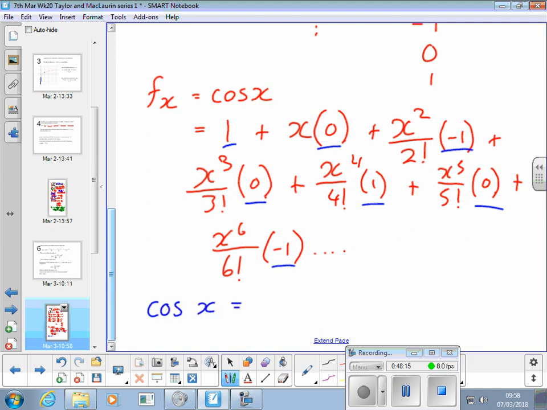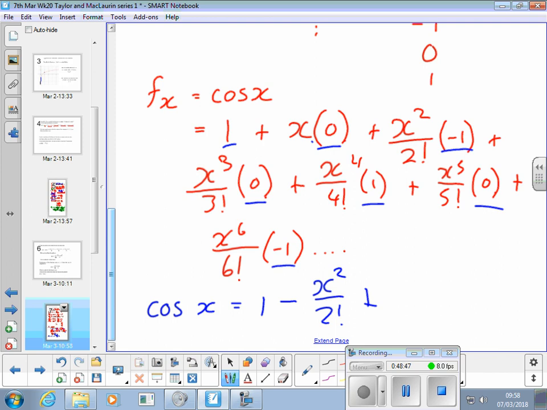cos of x is equal to 1. This term is multiplied by 0, so it doesn't exist. This one is multiplied by minus 1, so that's minus x squared over 2 factorial. The next term is multiplied by 0, so it disappears.